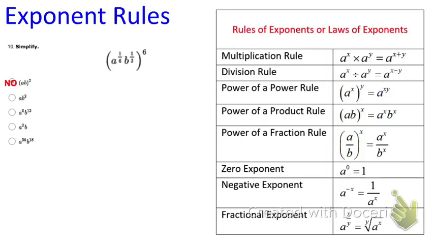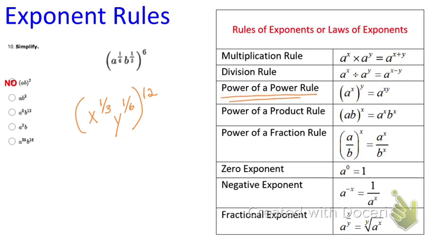So for the exponential rules, what you do with your exponents, those are all listed over here on the right. For this one, let me give you an example. If I have x to the 1/3 times y to the 1/6, all of that to the 12th power, this is the power rule.